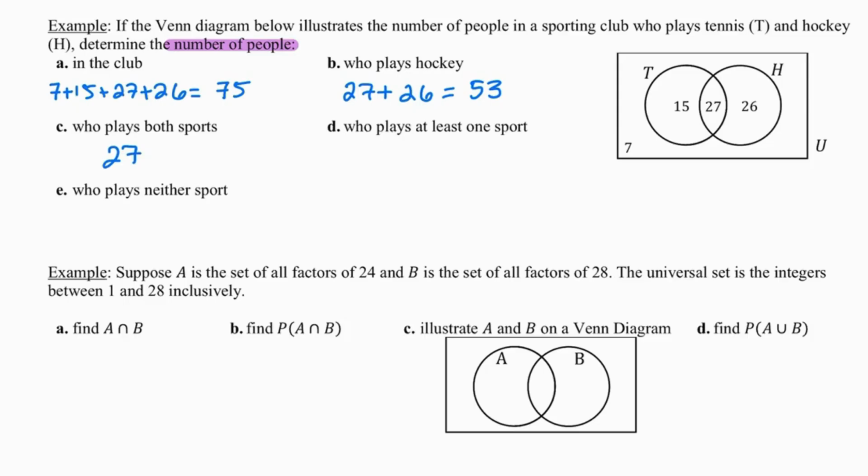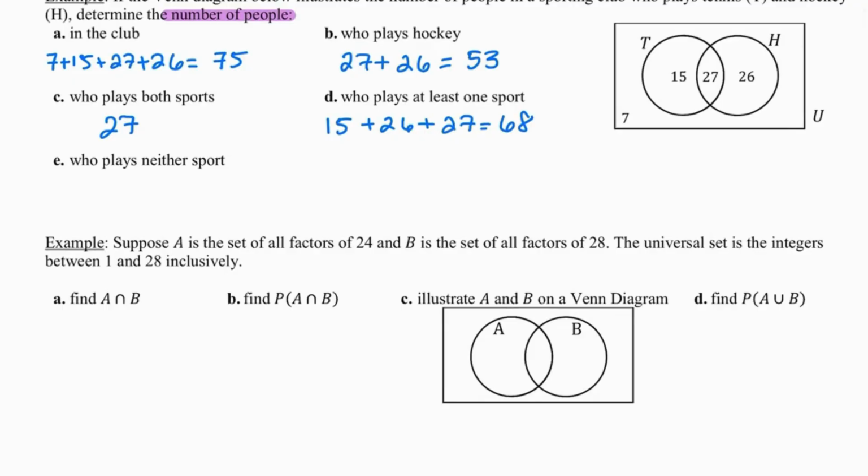Well, that means it's the people that are playing only tennis, only hockey, or both. So 68. That's the OR. They either play tennis or hockey. They play only tennis, only hockey, or both. So you add up everything that's in the circles. Who plays neither sport? Well, it's the people that are outside of the circle but still in the universe.